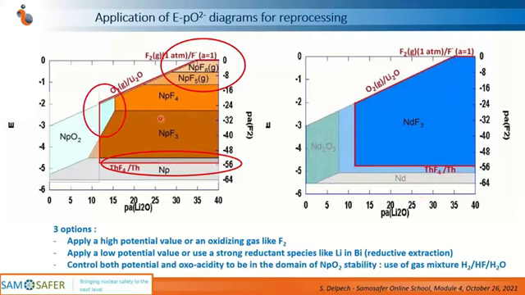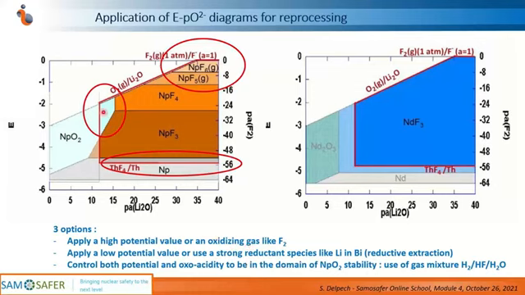The third option is to be able to control both the potential and the acidity. For example, if I can control the potential and the acidity at this point, where the laser point is, at this moment we are going to precipitate neptunium oxide selectively, because at the same point, neodymium is always in the soluble form.